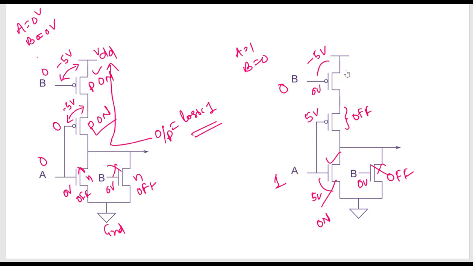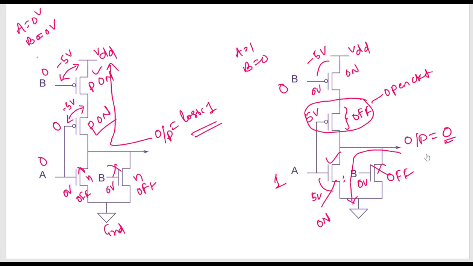And this will be on. This transistor is off, that means effectively it is open circuit. When this is open circuit, your output has no effective connection towards the power supply side. Whereas your output has effective connection towards the ground side through this NMOS transistor. As a result your output will be 0. This is when A equals 1 and B equals 0.